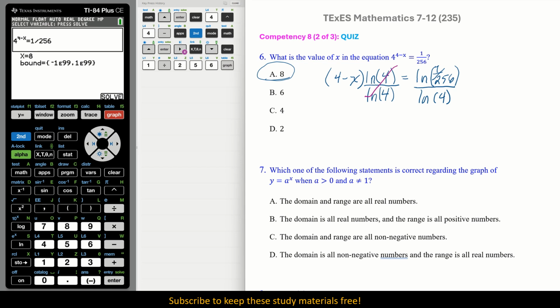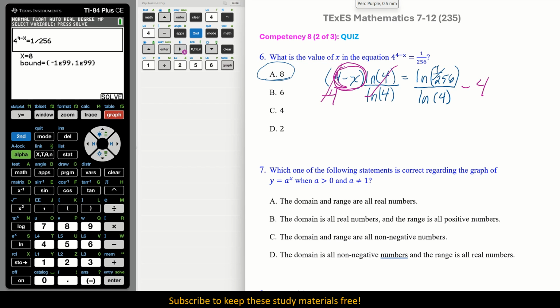Then we know that we need to subtract 4 from both sides. So we subtract 4, and this cancels out. But we need to notice that we have a negative x on the left-hand side. So if we multiply both sides by negative 1, we'll get a positive.